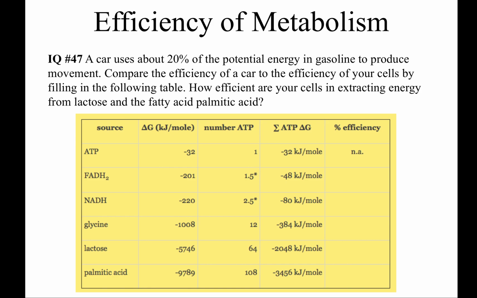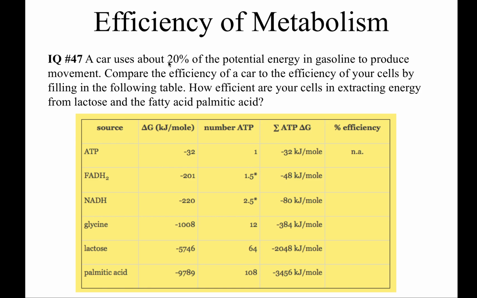So how good is it? If you looked at the energy that is potentially in a glucose molecule, how much energy are you actually going to get out of it compared to what you could get out of it? And that is an indicator of efficiency.